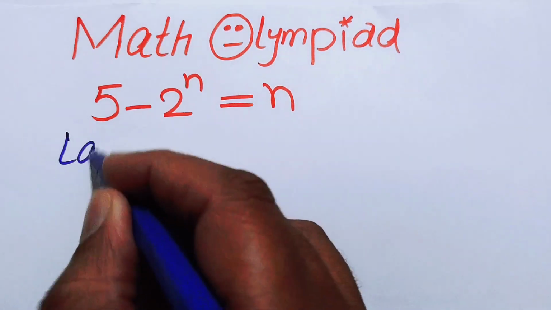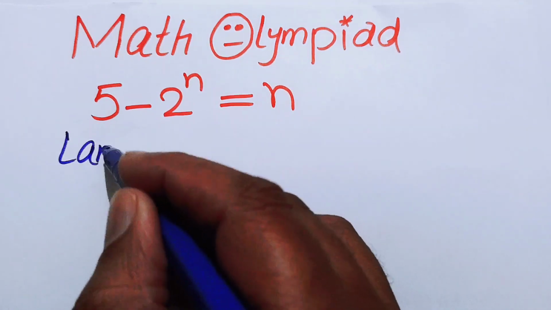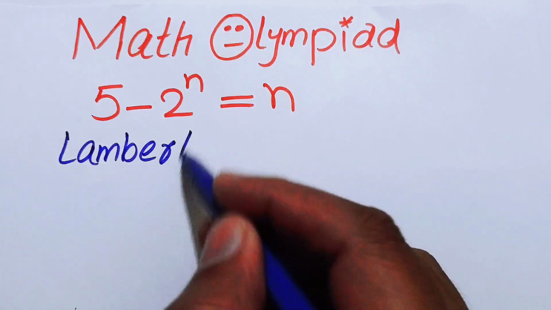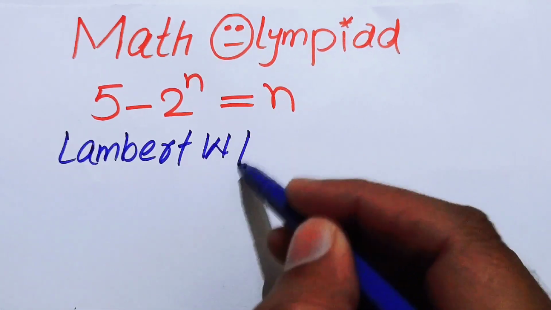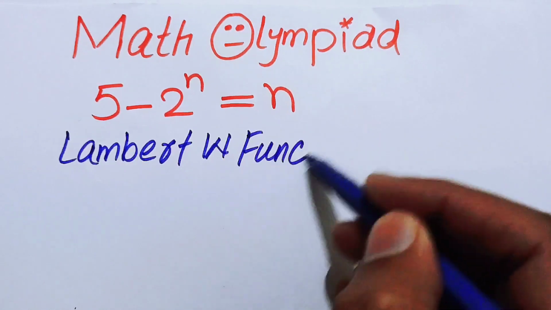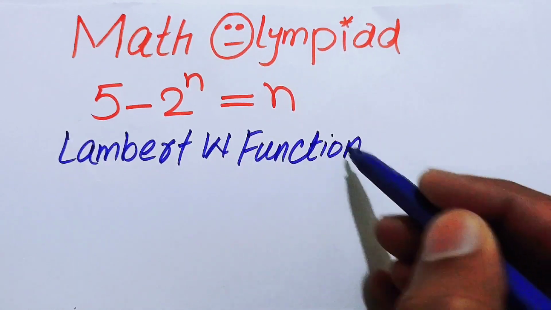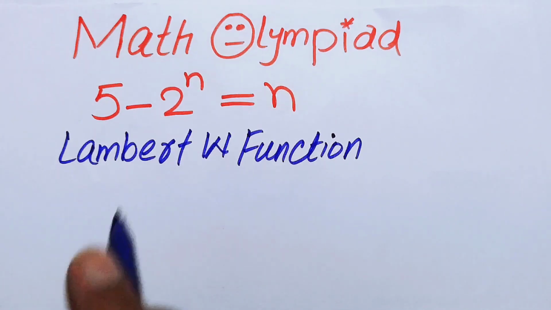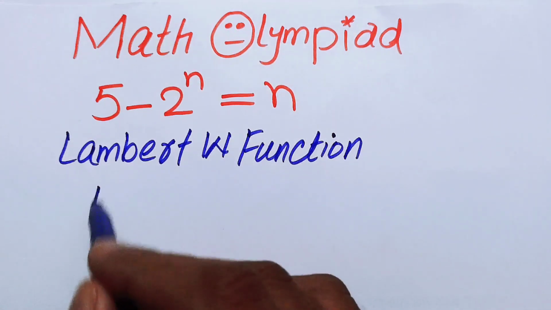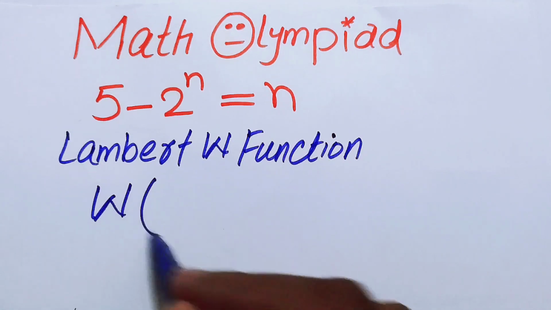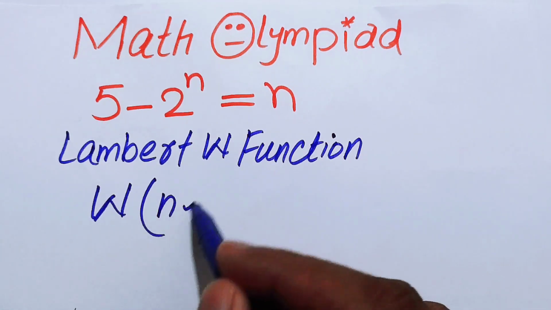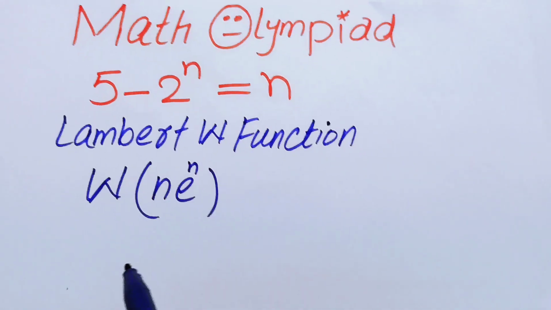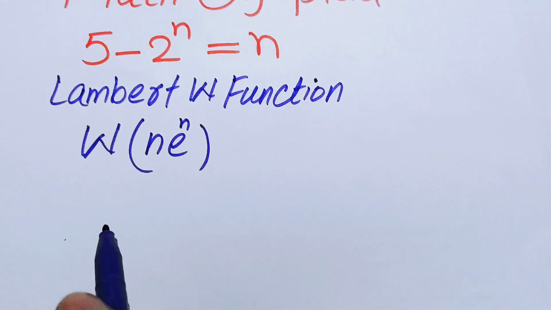First I will explain a little bit about what the Lambert W function is, or its other name, the Wolfram Alpha function. So first I can introduce this function: if you have W of n times e to the power of n, this is the standard form of the Lambert W function.